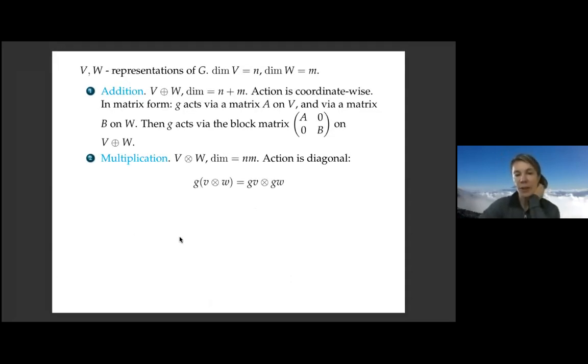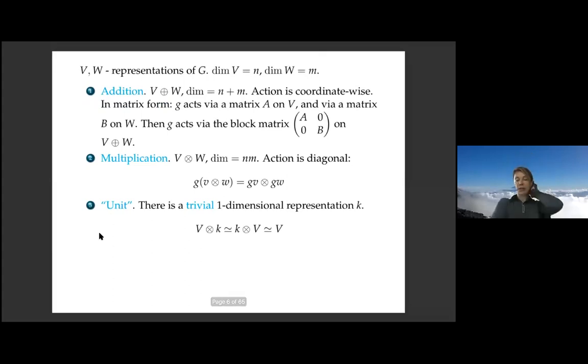And here we really use that we have a group. So we just take the tensor product of two vector spaces over the field, as usual, and then allow the group to act multiplicatively, to act diagonally. Then there's a unit. One can take the one-dimensional trivial representation, and it acts as a tensor unit. So you multiply on the left, on the right, nothing changes. And all these operations are related by the usual associativity and distributivity laws.